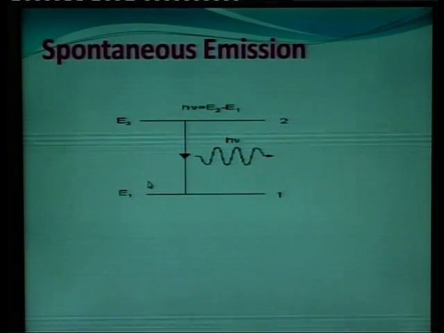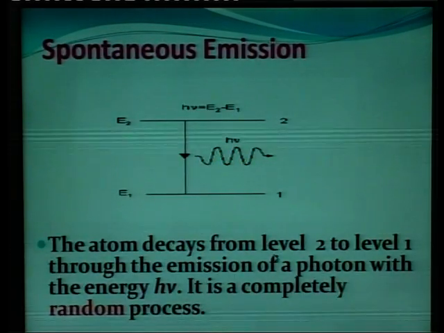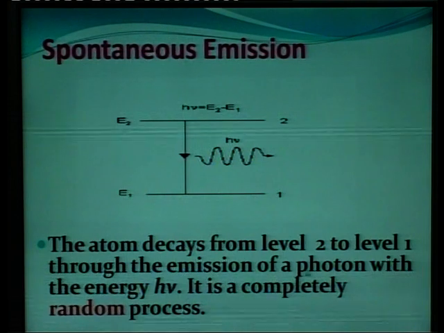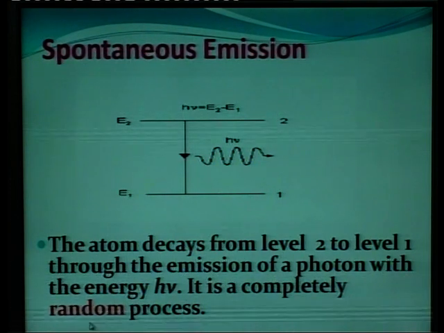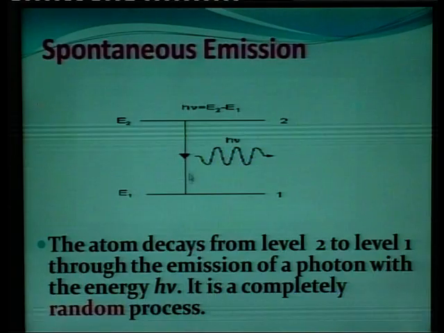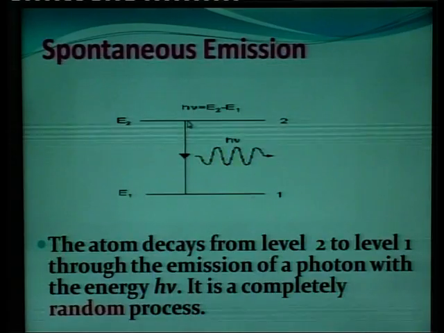Now what do we mean by spontaneous emission? The atom decays from level 2 to level 1 through the emission of a photon with the energy h nu. It is completely a random process. So E1 was the ground state, E2 was first excited level. In the excited level, the atom cannot stay for long. It is unstable there.